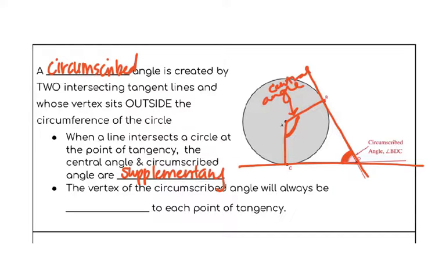The vertex of the circumscribed angle, what is in purple here, is always going to be equidistant to each point of tangency, meaning that it's equidistant to this point B here and equidistant to this point. Those are going to be the same distance.